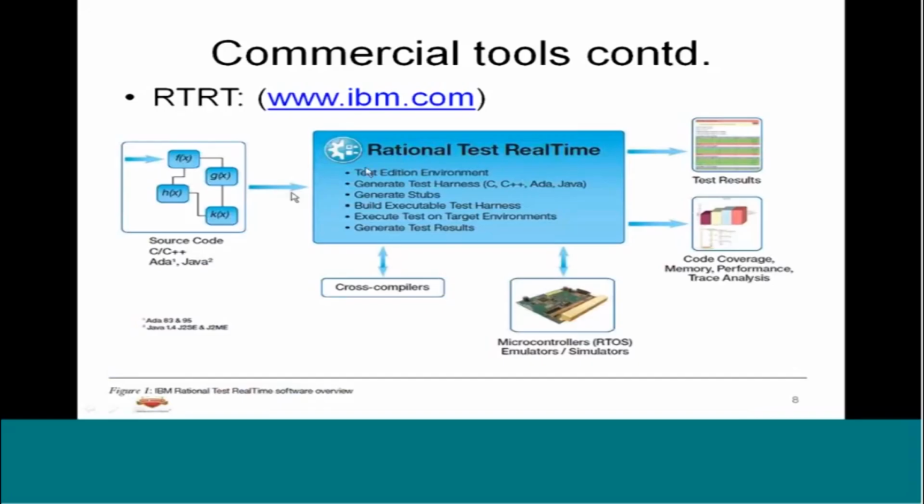So what it does is the source code, such as C, C++, Ada, whatever it is, is fed into that RTRT tool. The steps below are part of the RTRT in terms of configuring and using it. The environment will be defined first. The test harness will be created, and with the help of the test harness, stubs will be generated.